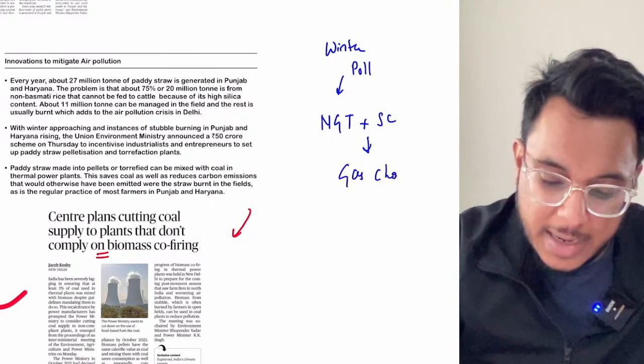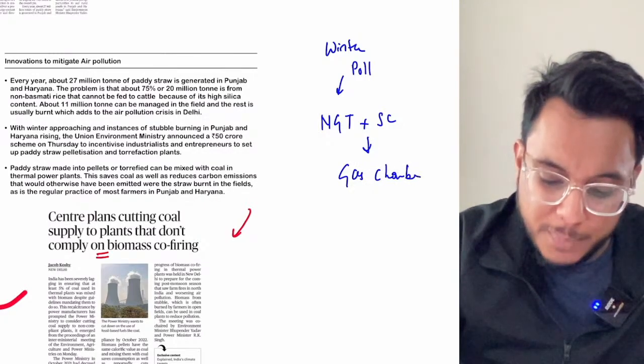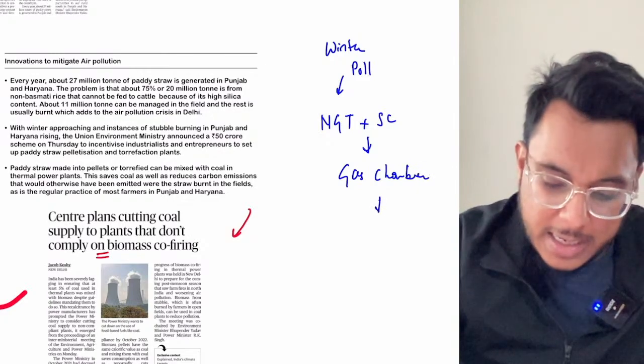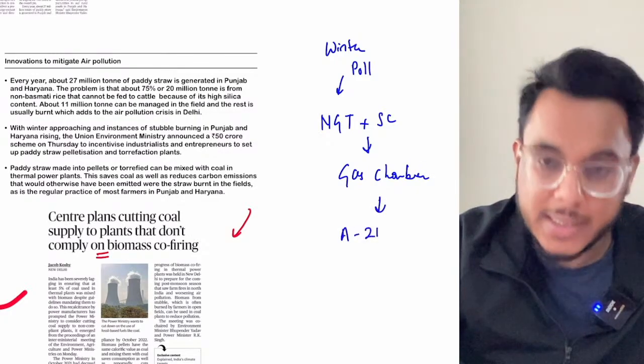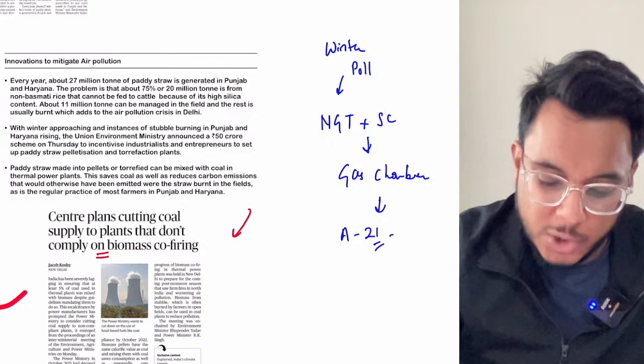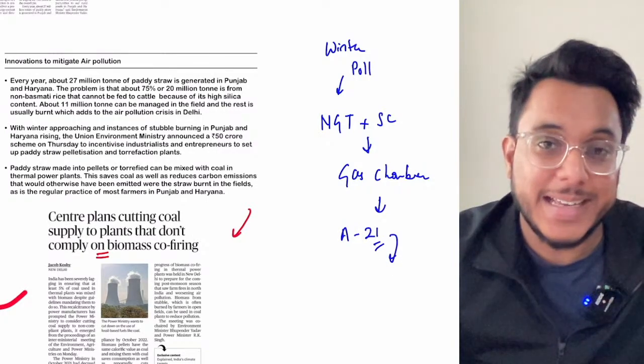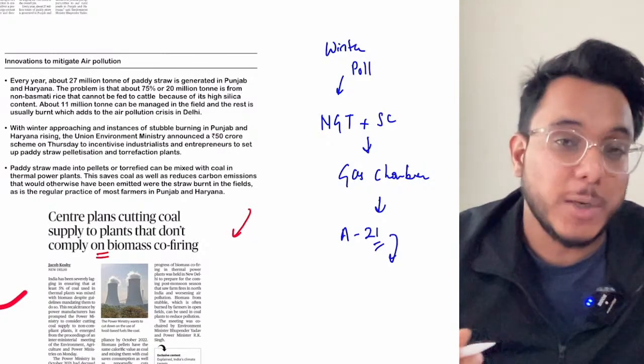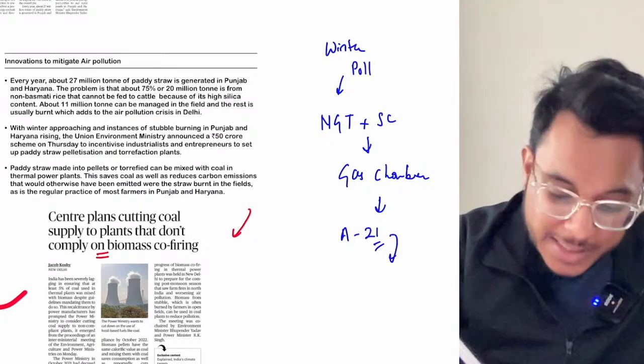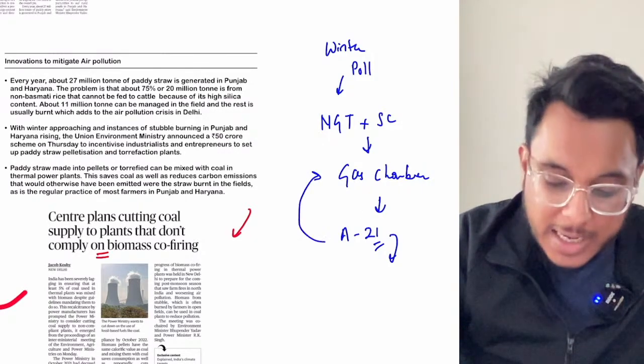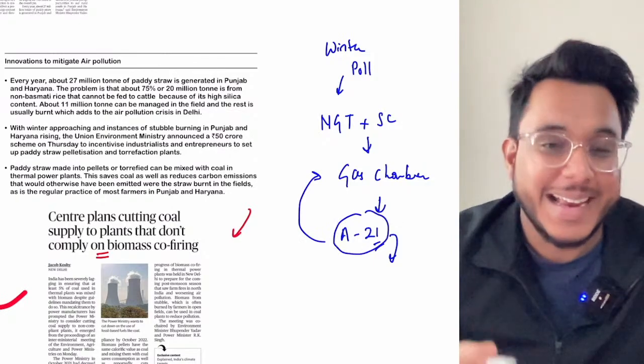Because of this, Article 21 of the citizens gets violated. Article 21, which talks about the right to life, contains the right to clean water and the right to clean air. As Delhi becomes a gas chamber, Article 21 gets violated.